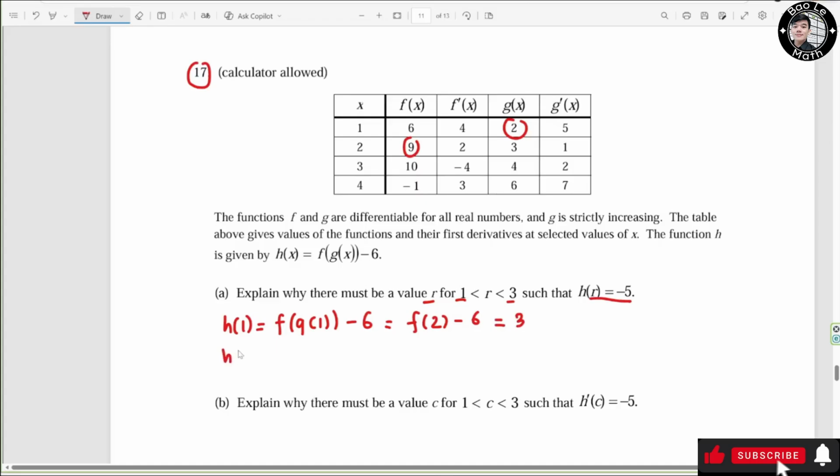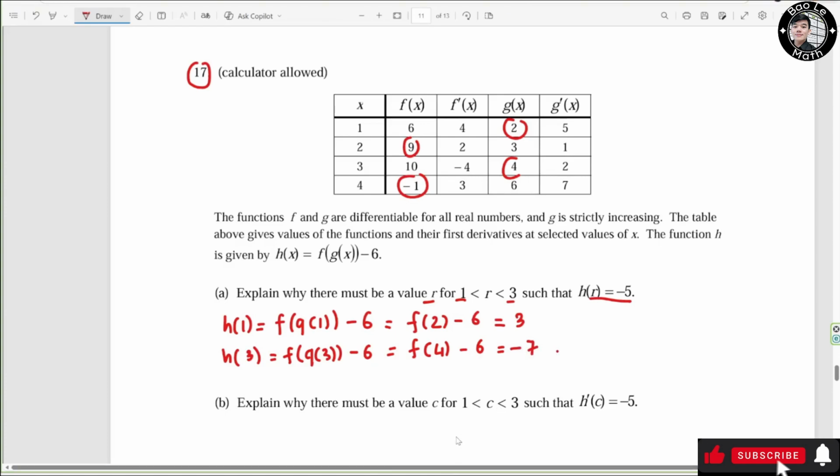Now h of 3 is going to be f of g of 3 minus 6. So g of 3 is going to be 4 right here. So f of 4 minus 6. f of 4 is going to be negative 1. Negative 1 minus 6 is negative 7, right?